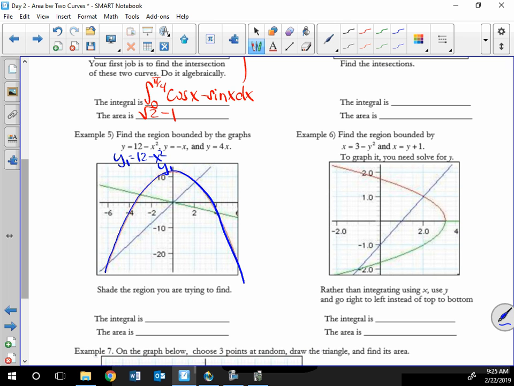Alright, so note this is y sub 1. And then I'm going to go to the next one, y sub 2. So y sub 2 is negative x. Okay, so that's going to be this guy here, y sub 2. And then I'm going to go on the third one, y sub 3. So 4x.